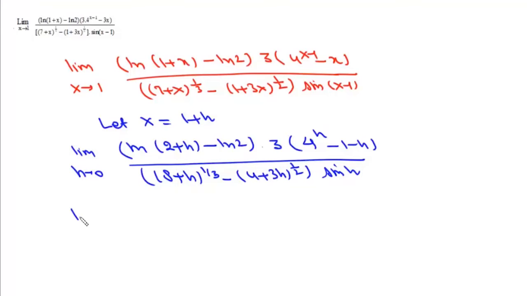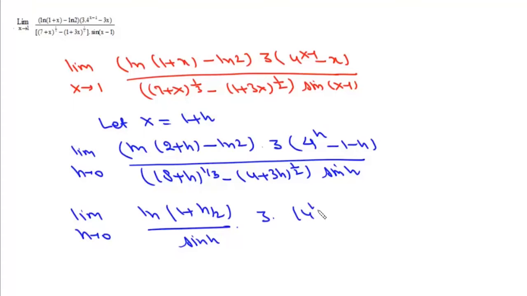Now we can write this as limit h tends to 0 log(1 + h/2), and we'll take sine h here, and we'll write 3 into (4^h − 1 − h) upon (8+h)^(1/3) minus (4+3h)^(1/2).